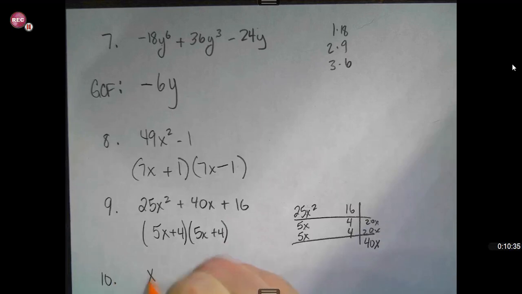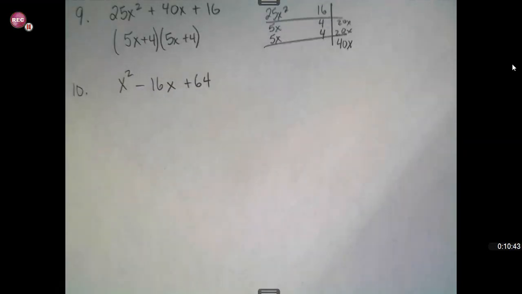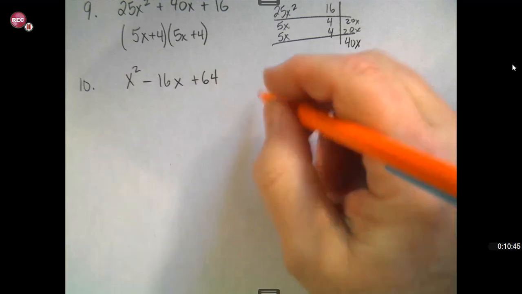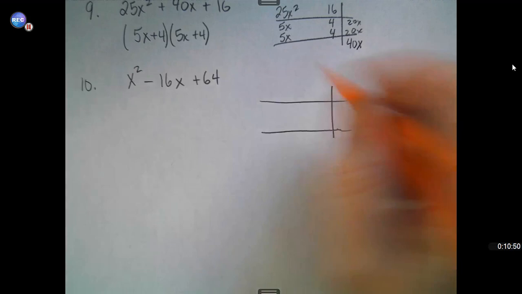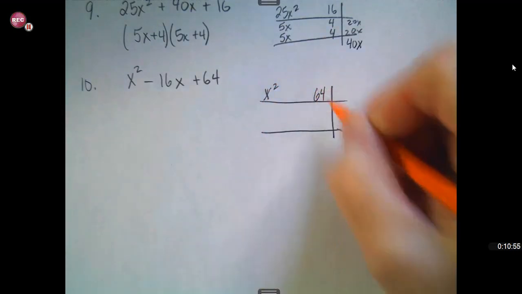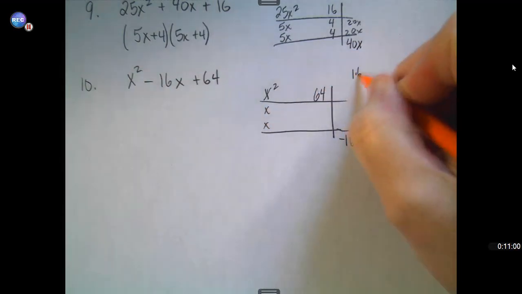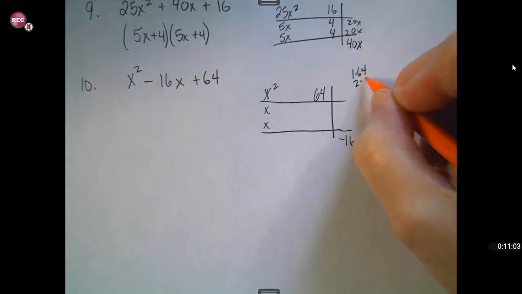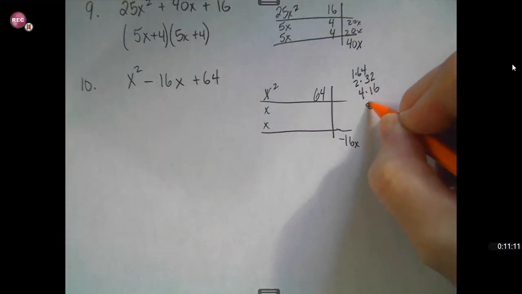X squared minus 16x plus 64. Greatest common factor? Nope. Binomial? Nope. Trinomial? Yep. So here we go. X squared goes here, 64, negative 16x. Let's see, 64 is amazing. It's another one of those that's just amazing. 2 times 32, 4 times 16, 8 times 8.